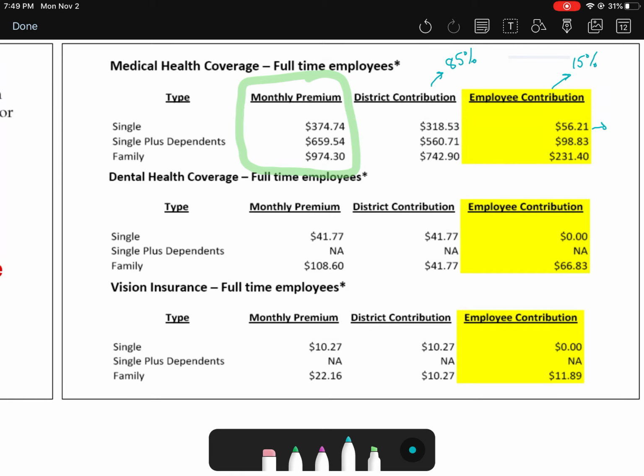Looking at other things, you have your dental coverage for full time, and they pay for dental, which is really nice. They also pay for vision if you're single. If you have a family, you pay about 60% of that, and for the other one, about 50% for vision.